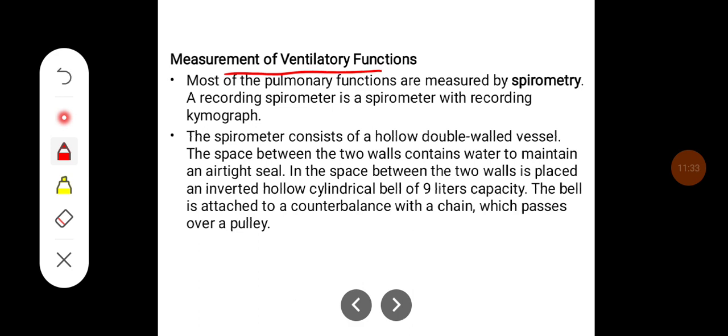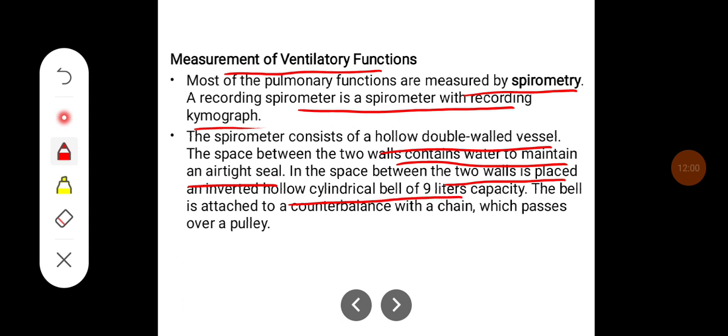Measurement of ventilatory function. Most of the pulmonary functions are measured by spirometry. A recording spirometer is a spirometer with recording kymograph. The spirometer consists of a hollow double-walled vessel. The space between these two walls contains water to maintain an airtight seal. In the space between two walls is placed an inverted hollow cylinder or cylindrical bell of 9 liters capacity.